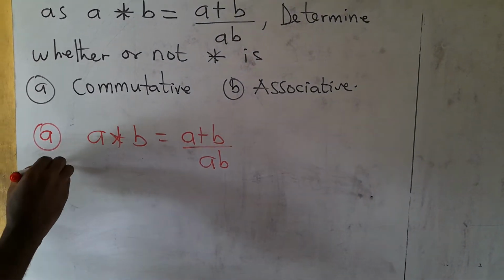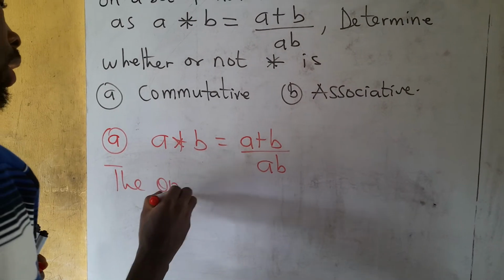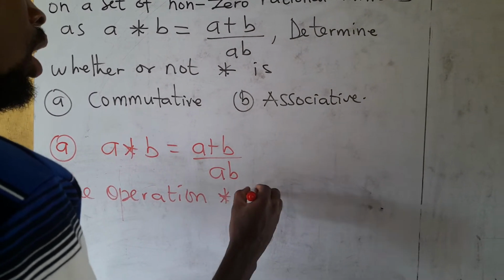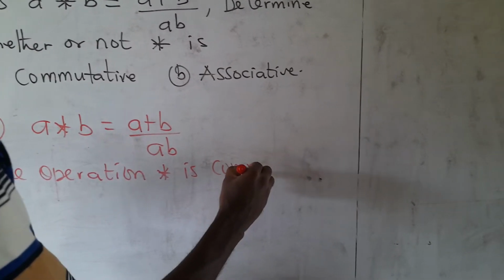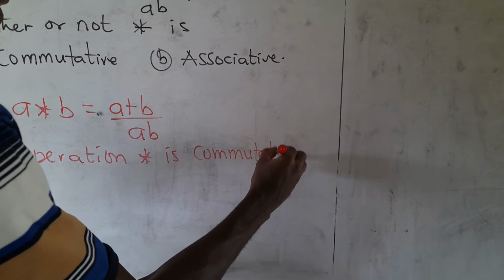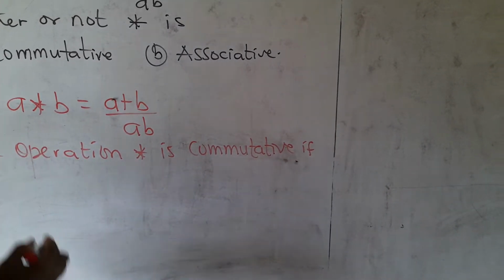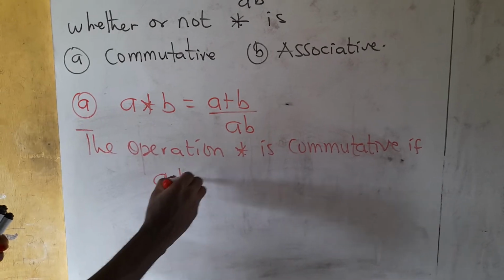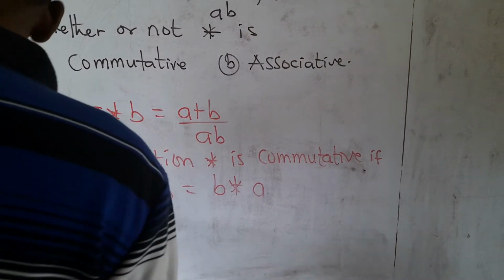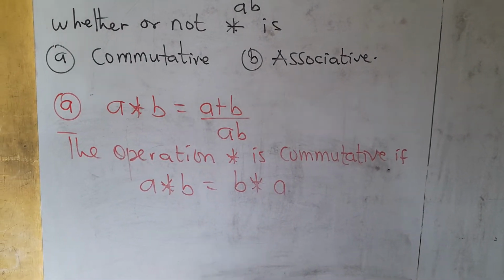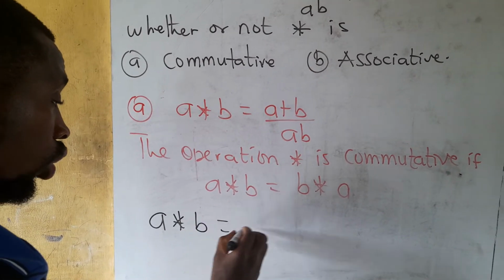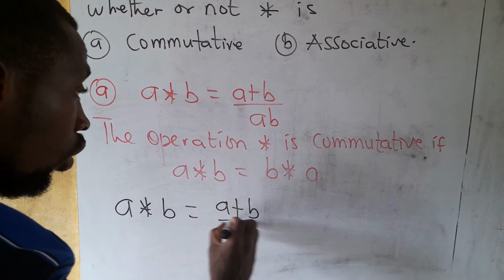So we say the operation star is commutative if A star B is the same as B star A. Remember when we were doing commutativity. So let's find our A star B, which is given to us as A plus B over AB.